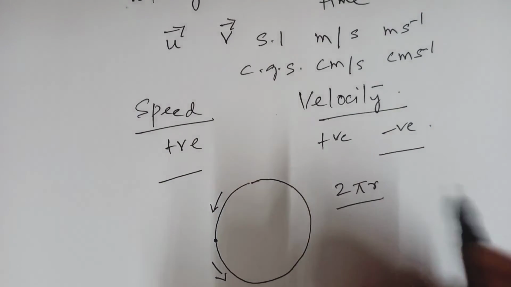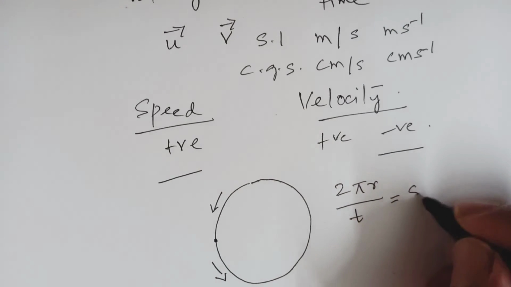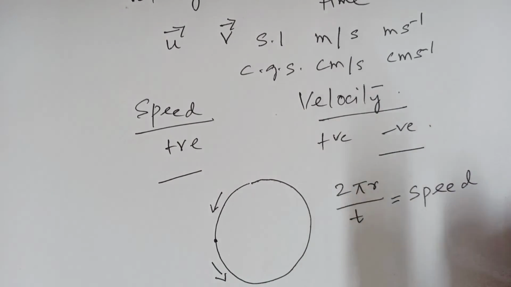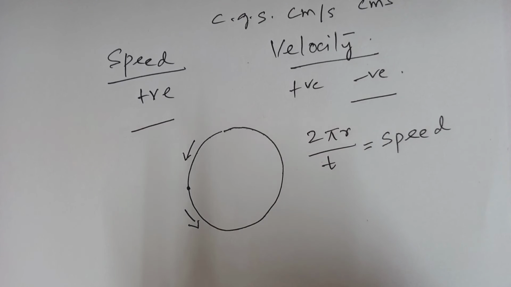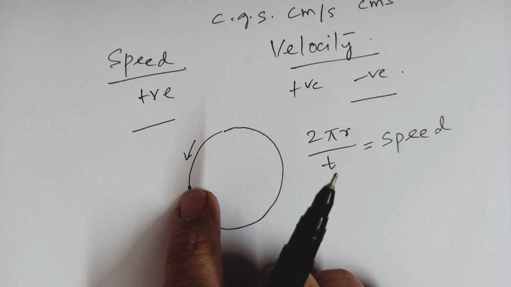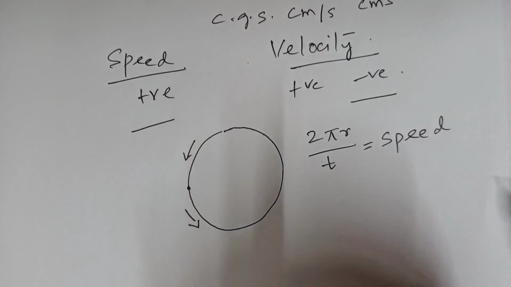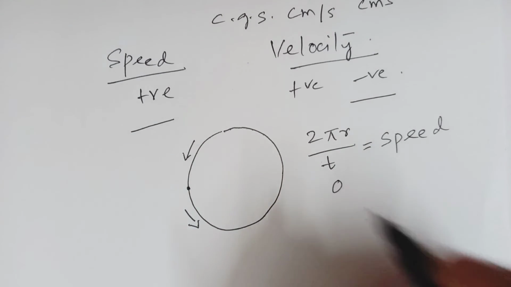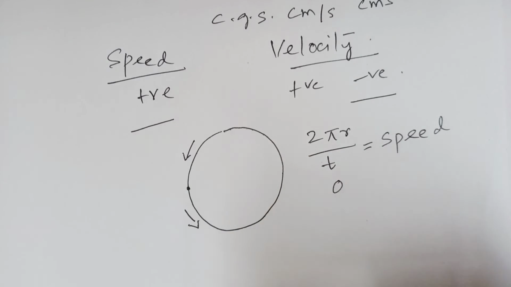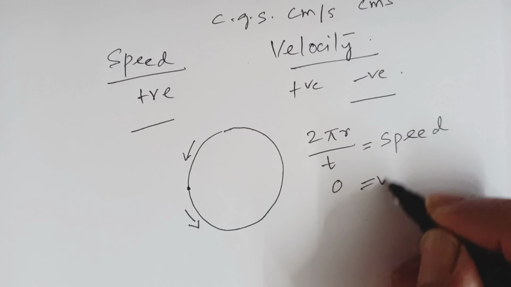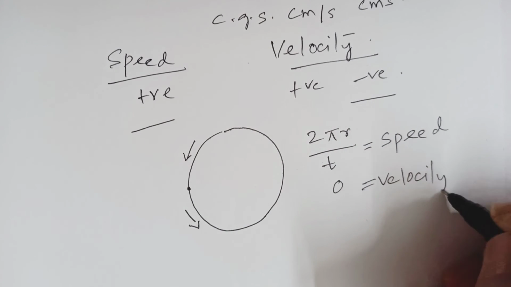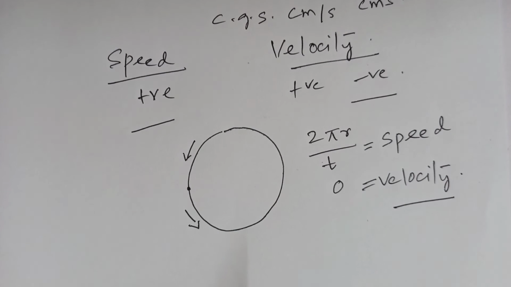So, total distance divided by time, that is the speed. Whereas, if I want to find out the velocity, because the initial point and the final point coincide, the displacement will be 0. So 0 by t, that is basically 0. So the velocity of the body will be 0.